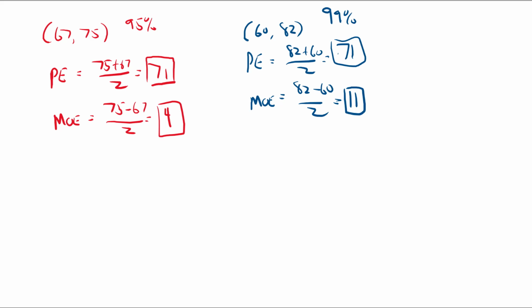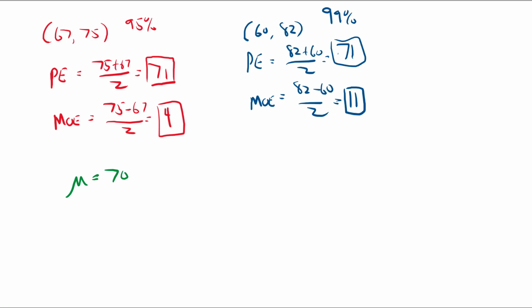So with that, you'd be saying, okay, well, one of them truly does contain the true mean value, right? Now, the true mean score of the midterm was 70.